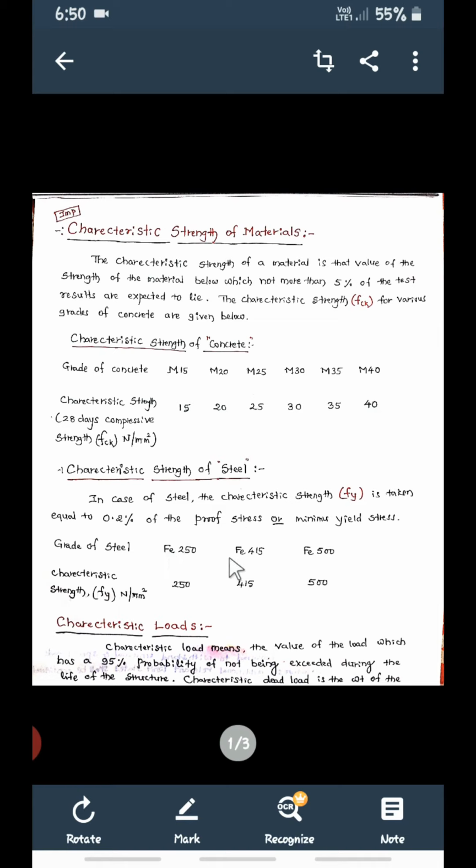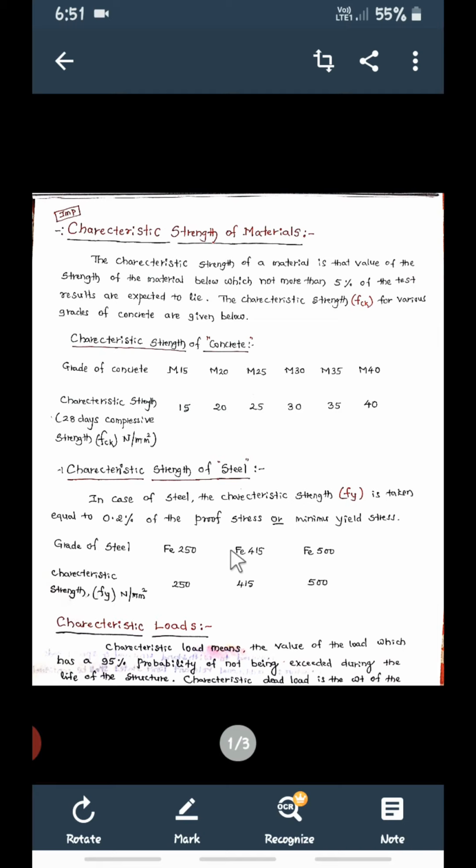Now see, Fe 250, Fe 415, Fe 500. For steel, it will be Fe. So the different grades are Fe 250 grade steel, Fe 415 grade steel, and Fe 500 grade steel.